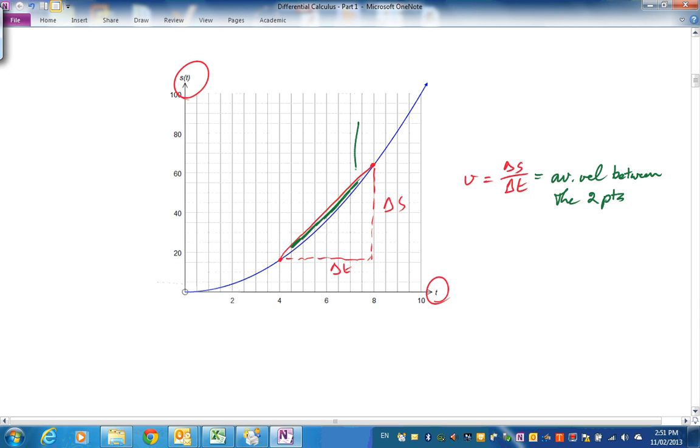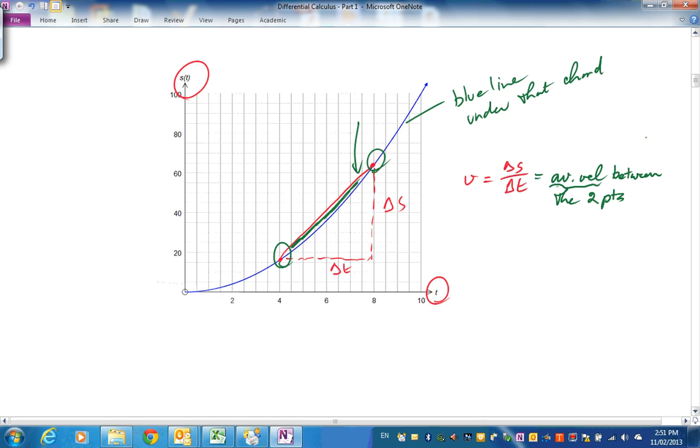Did the body actually exhibit this change in displacement with time? No, it's the blue line, and the blue line is under that chord. The chord is an average between these 2 points. This is an important concept in differential calculus, the average.